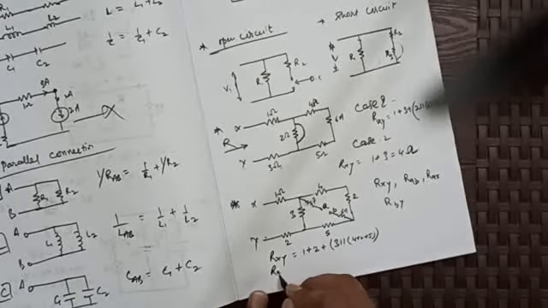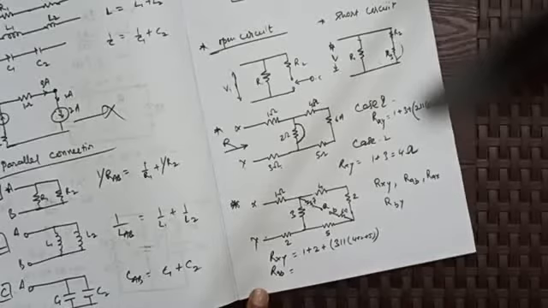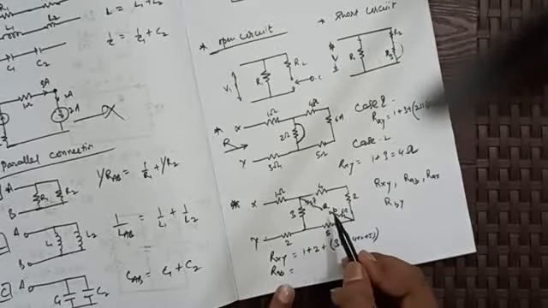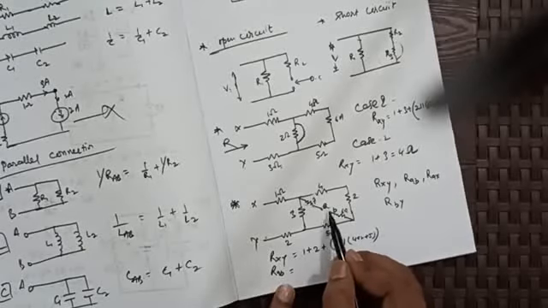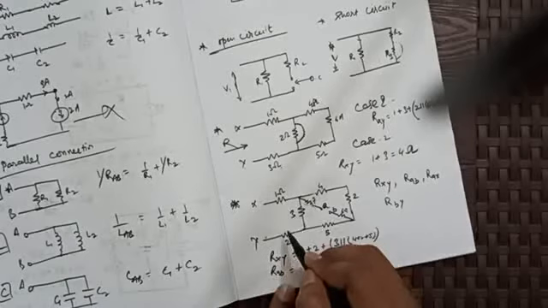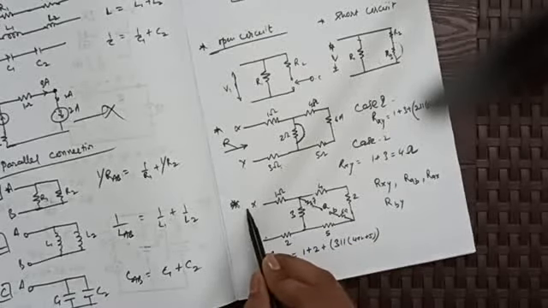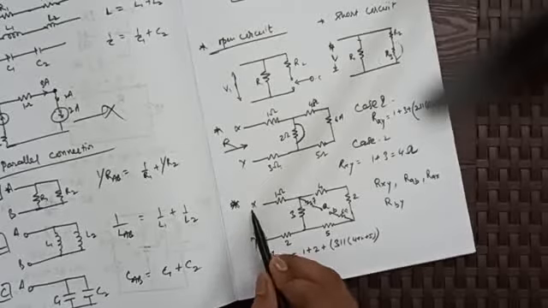Clear? RAB. Where is AB? Now if we calculate RAB, we can neglect these 2 resistors because these 2 resistors are connected with an open circuit, right?